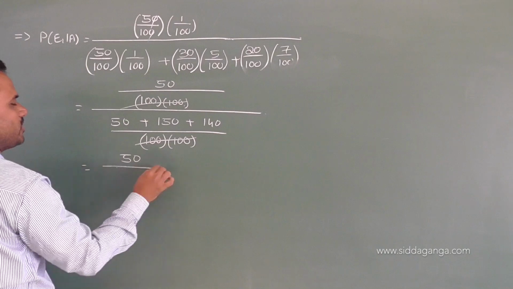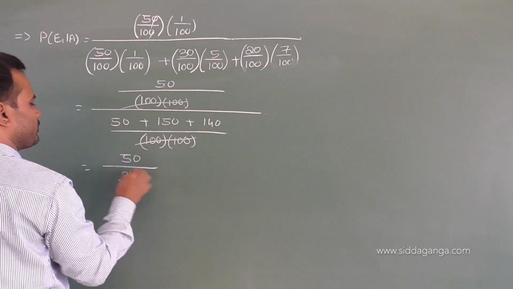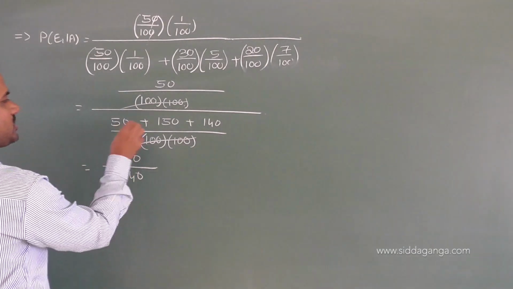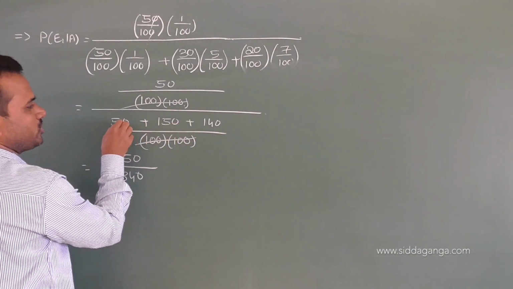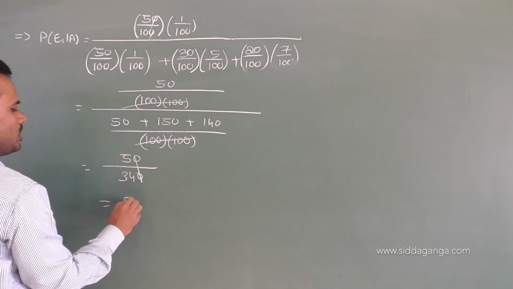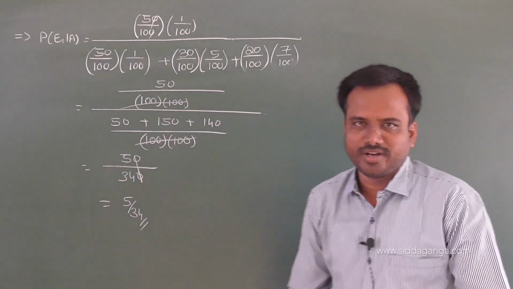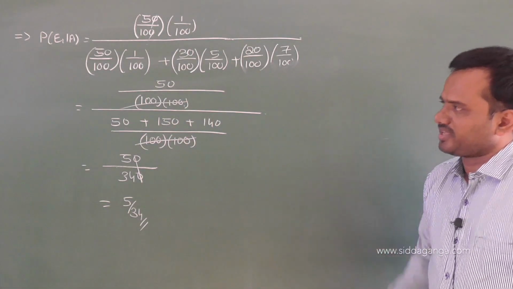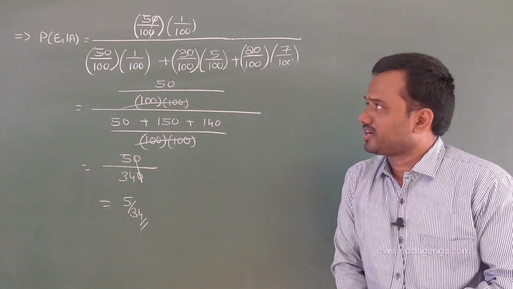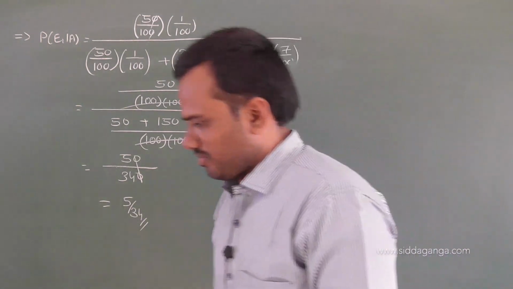That is 50 divided by 340. So the answer is 5 divided by 34. This is a very interesting and very important problem. Next problem.